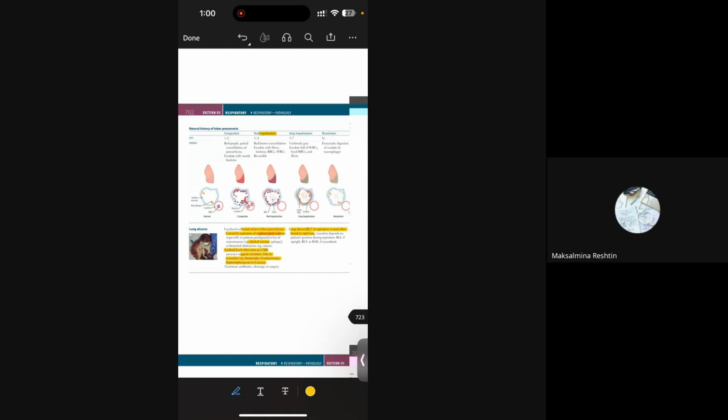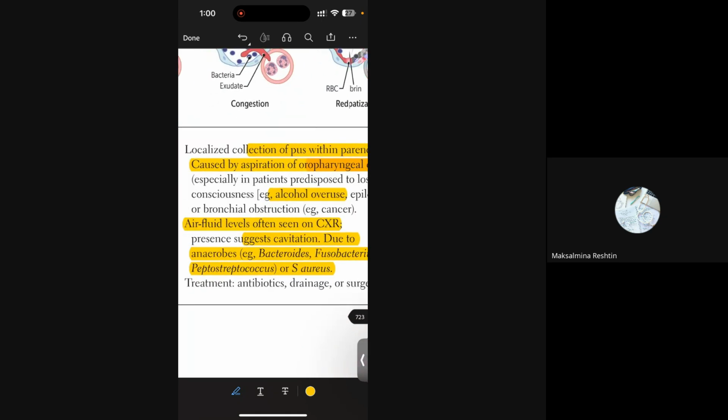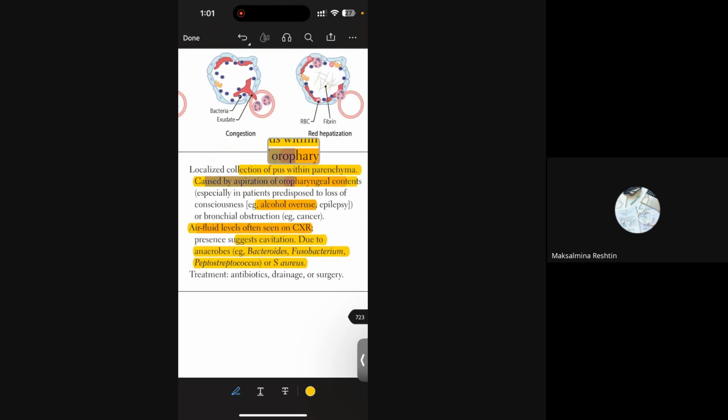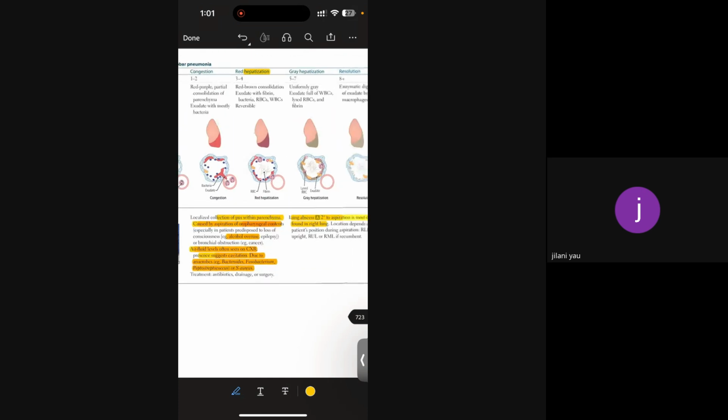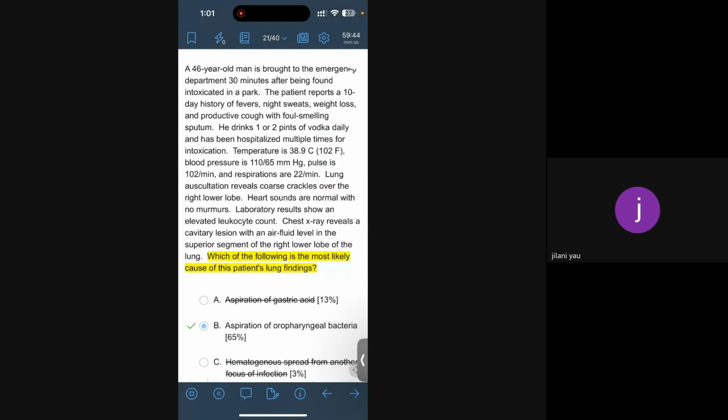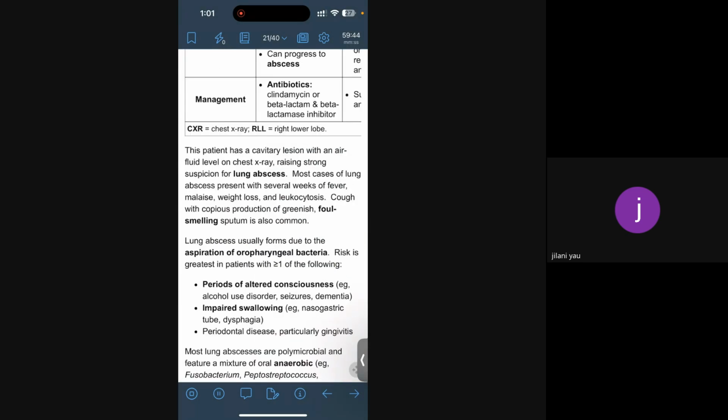Lung abscess shows air fluid levels on chest X-ray, and alcohol overuse causes aspiration of oropharyngeal contents, due to anaerobes or Staph aureus, and its presence suggests cavitation. Lung abscess is most often found in the right lower lobe if upright, or the right upper lobe or middle lobe if recumbent. All of this can be explained by aspiration pneumonia.